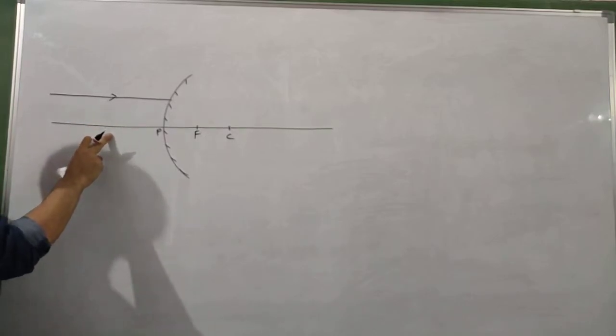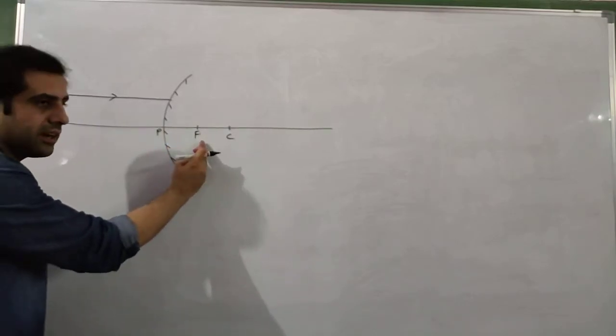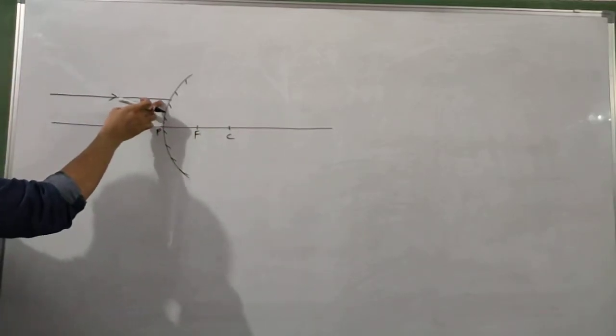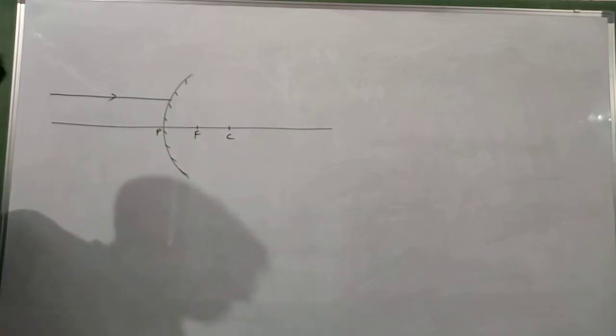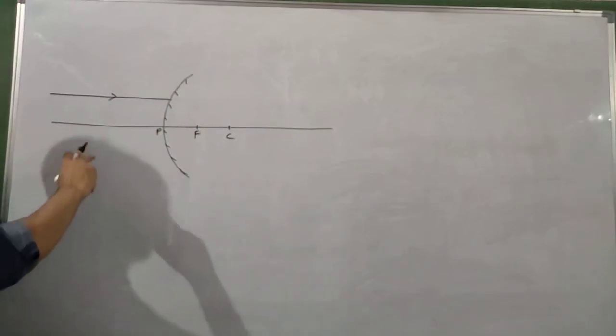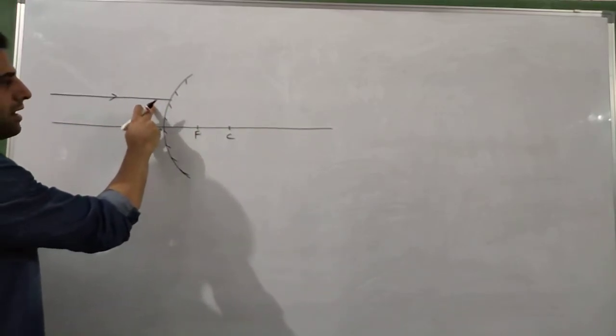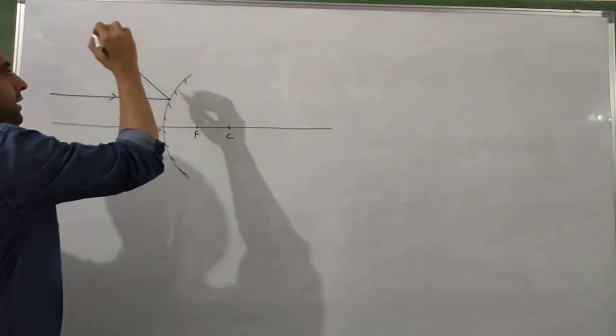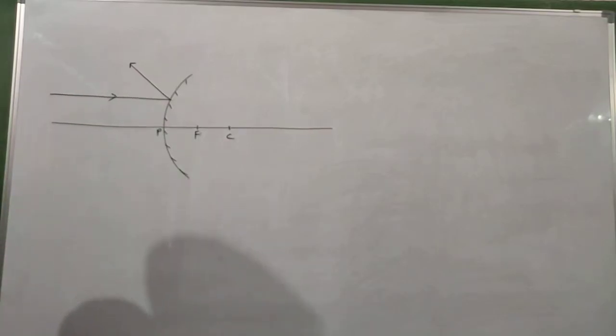But in this particular case, the focus is on the back side of the mirror, behind the mirror. So how will the ray pass through the focus? It cannot. Instead, this parallel ray, after reflection, will go like this. So this will be a reflected ray.